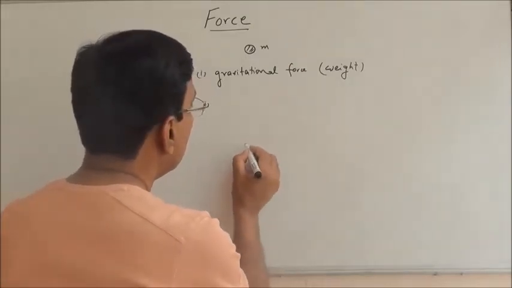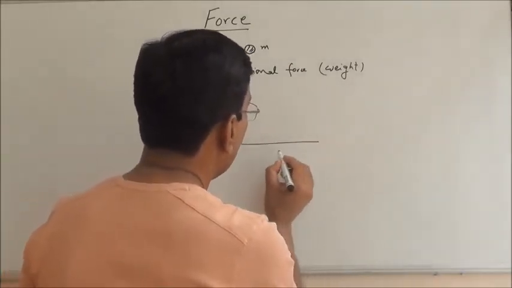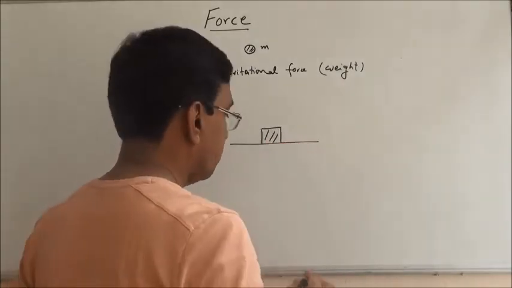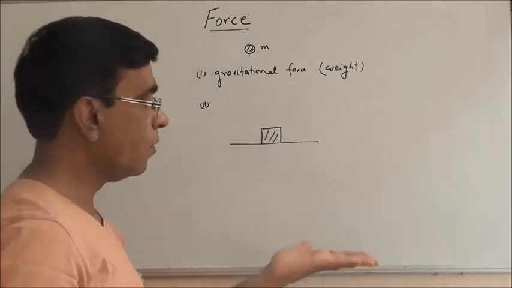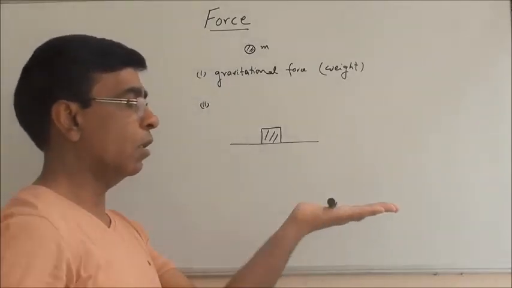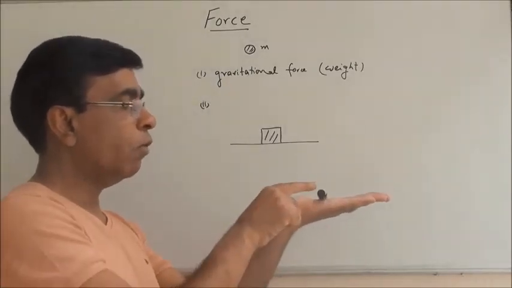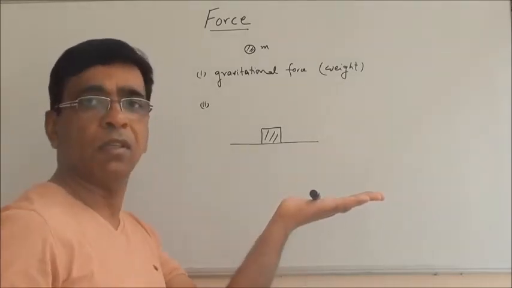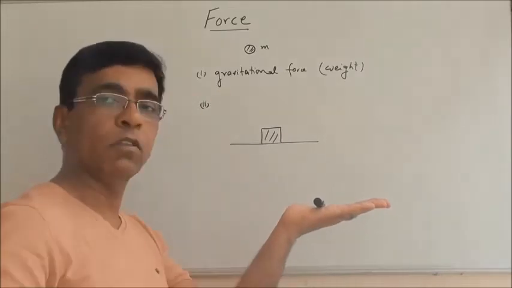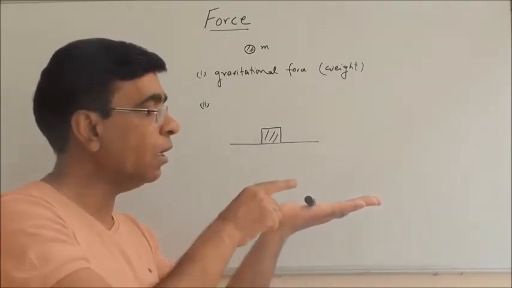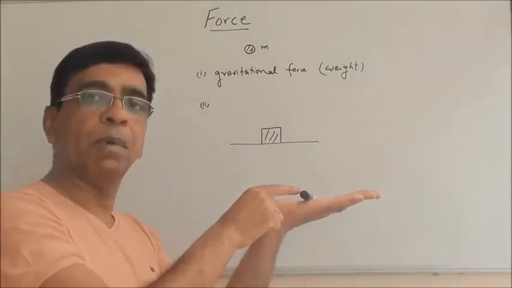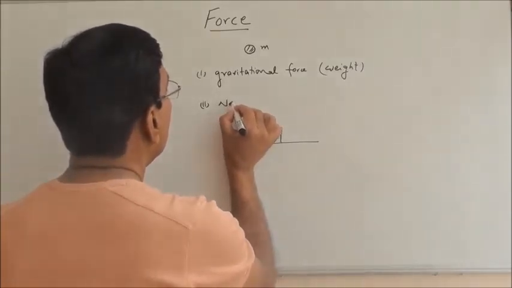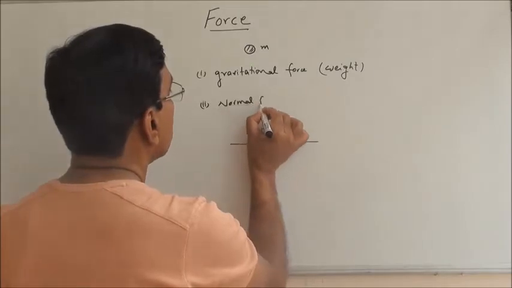Then second, there may be another force. Suppose I keep an object on a surface. I keep this pen on this. Now, for this pen, there is weight. Earth is pulling it down, but even then it is not moving downward. It means again the forces acting onto it are balanced. This is a normal force.